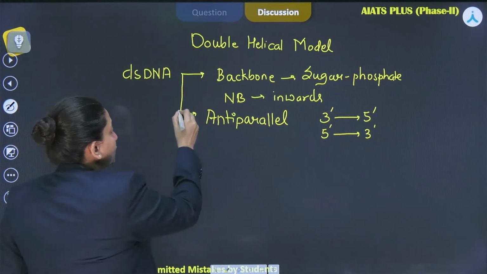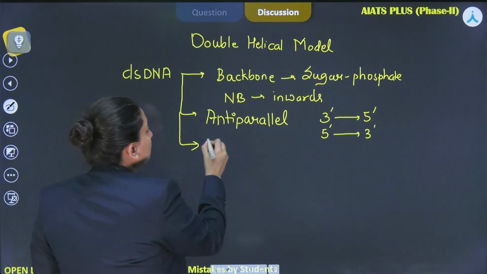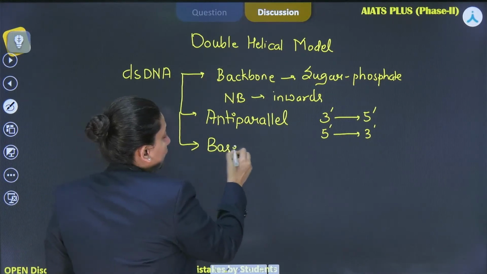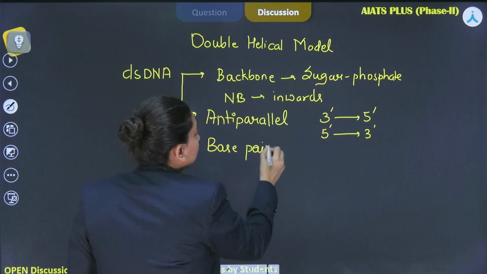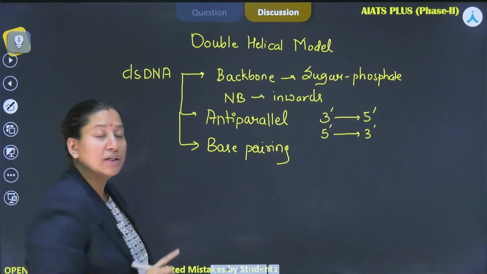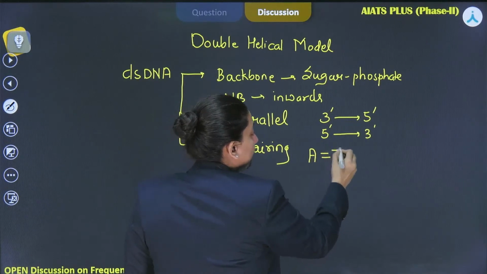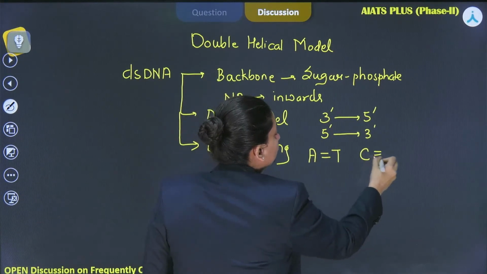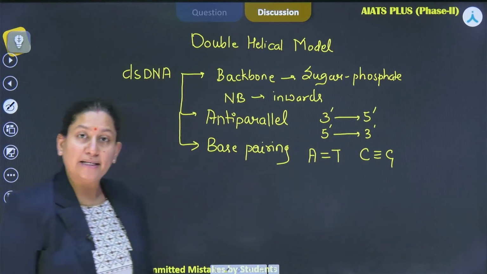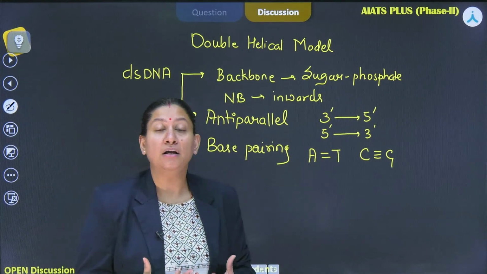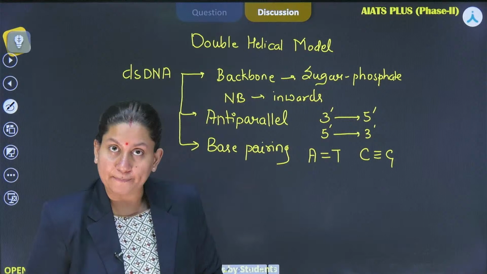Another proposition is the base pairing, which is a hallmark of this double helical model: adenine is going to pair up with thymine and cytosine is going to pair up with guanine, and these pairings are done with the help of hydrogen bonding, right?